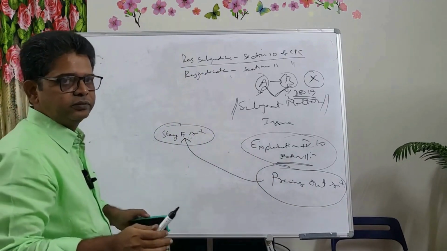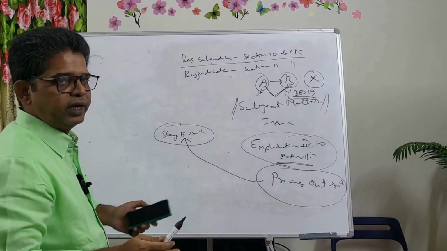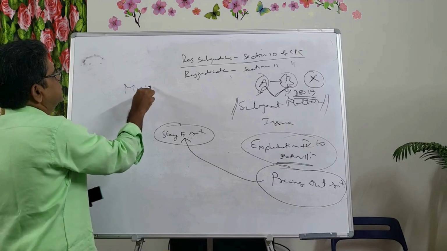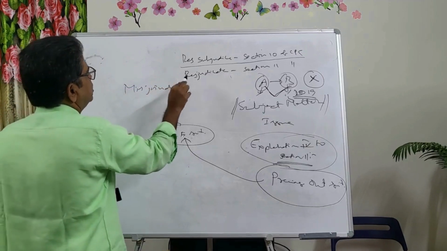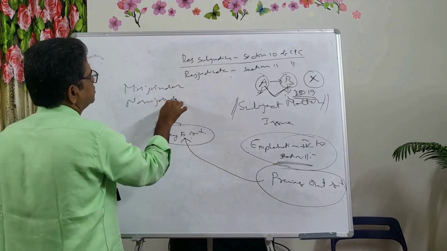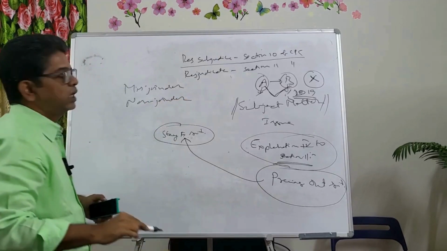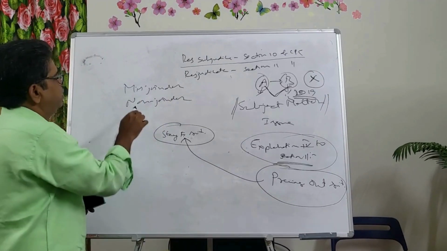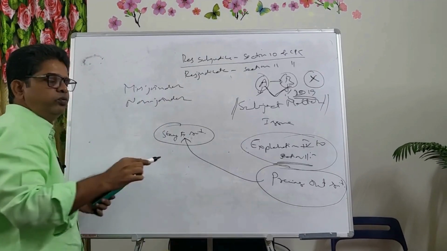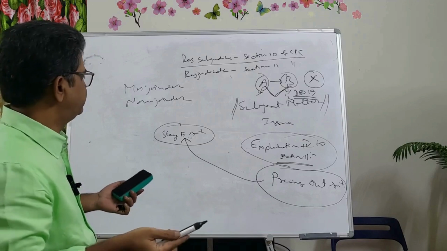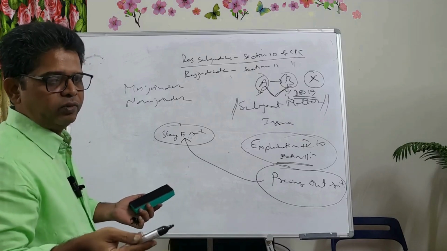Okay, another concept: wrong parties, correct parties, misjoinder of parties, or non-joinder of parties are not fatal to any suit. The court can suo motu or on application remove any plaintiff or defendant or add any plaintiff or defendant as per the provisions of Order 1.